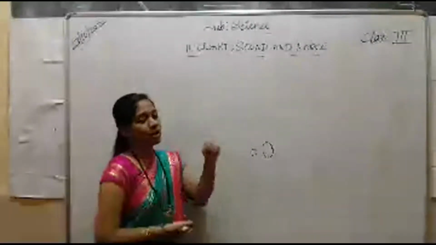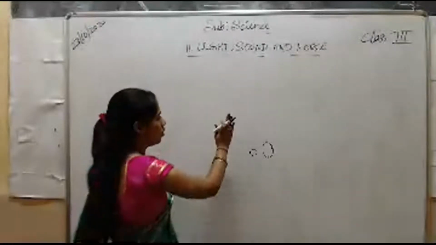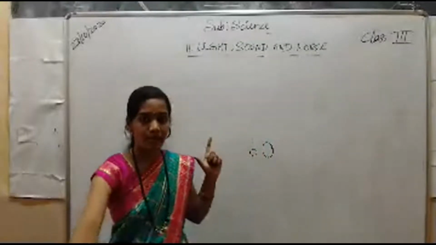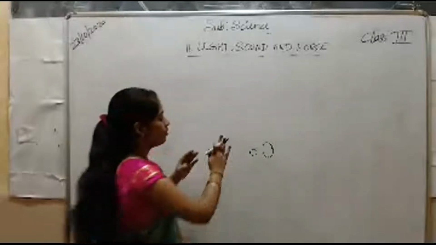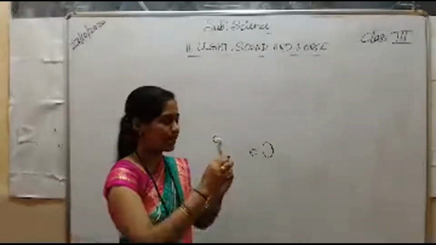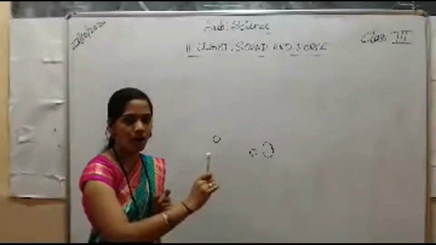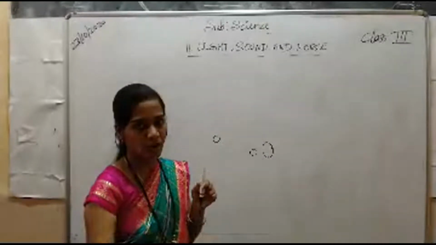For example, take the tube light. Near the tube light, if you hold an object to block the light, the shadow on the opposite side will be big. If you keep the object far away, the shadow will be smaller.